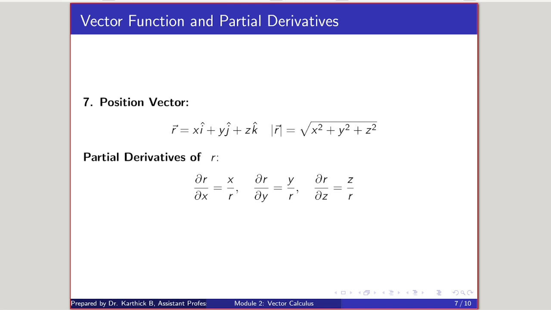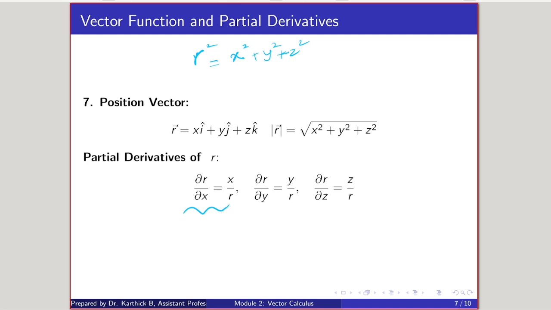How do we get ∂r/∂x? So here let us consider this. For example, r will be this. Then if I am finding r square, this will be x square plus y square plus z square.